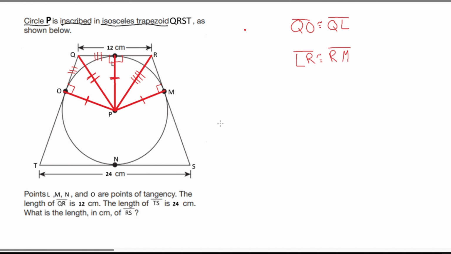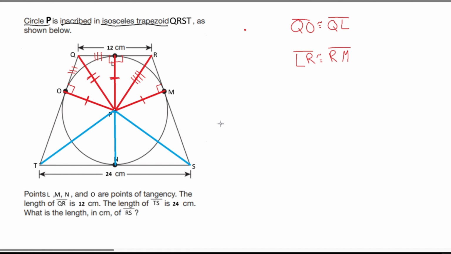Now we're going to do the same, really, for the other four triangles that we're about to create. Alright, so now we're going to try to prove that triangle OPT is congruent to triangle NPT.